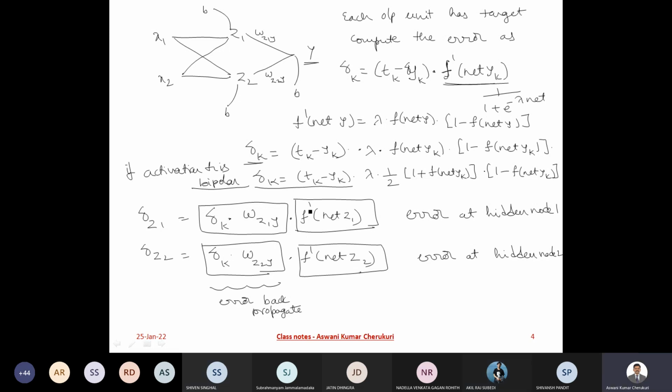Now your f dash net z1, again you have to calculate, like how we have calculated here. Since it is a unipolar activation function, f dash net z1 is lambda into f net z1 into 1 minus f net z1. And similarly, this also you have to expand: lambda f net z2 into 1 minus f net z2.